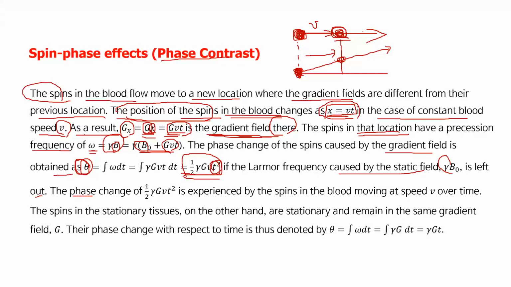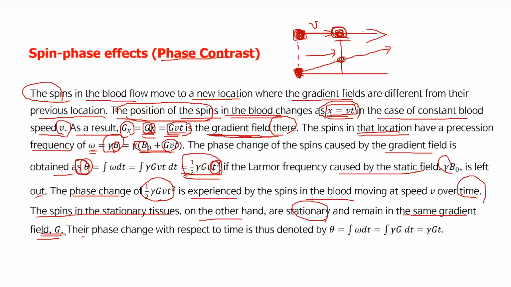The phase change of this form is experienced by the spins in the blood moving at speed v over time t. The spins in the stationary tissue, on the other hand, remain in the same gradient field g.